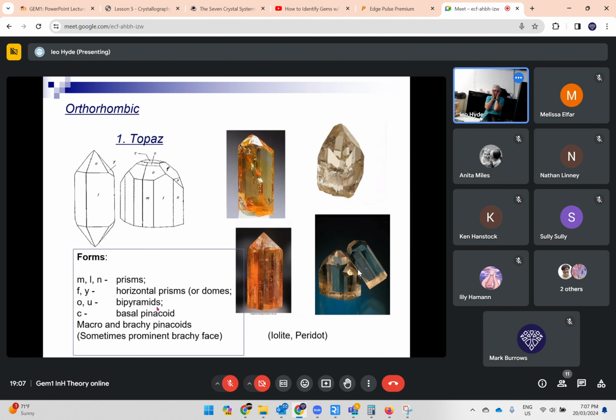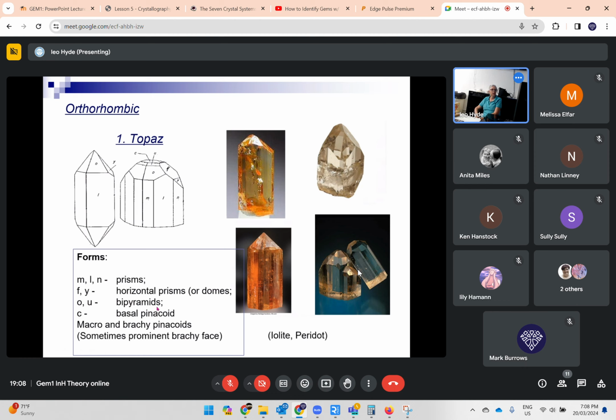Now orthorhombic, people have trouble with it. There's only 2 that you have to know about, and that is Damburite and topaz for purposes of prac, and we have there the list of faces that you can have.